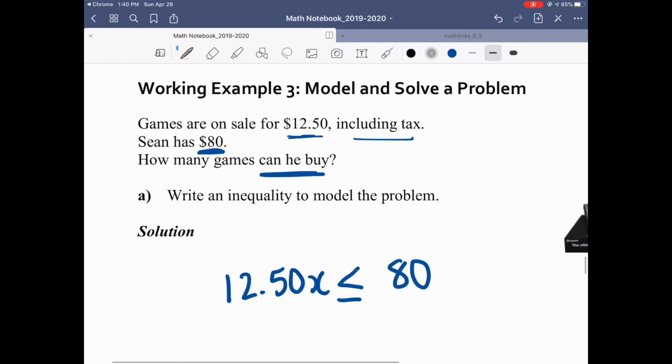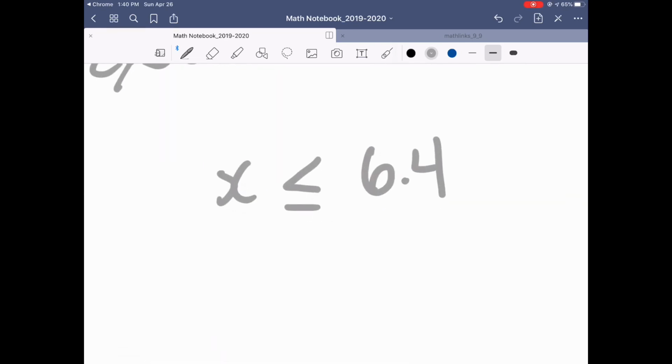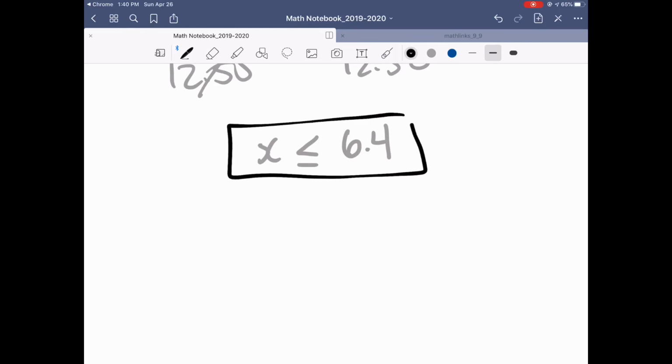Now, x is less than or equal to 6.4, but does that answer our question? The question says how many games can he buy? Can he buy 6.4 games? Well, no, because you obviously can't have 0.4 of a game. So we know that he can only buy less than or equal to 6.4 games.